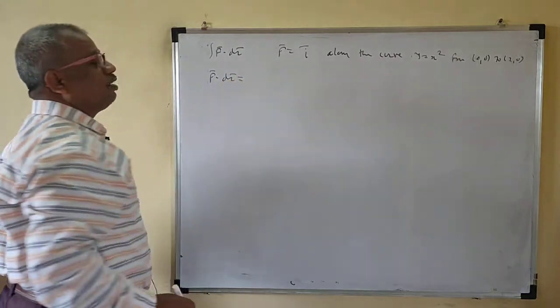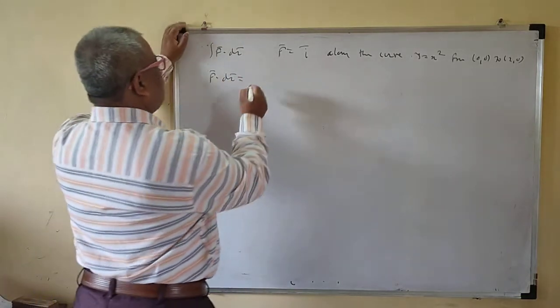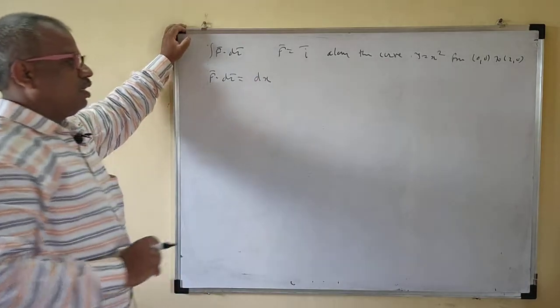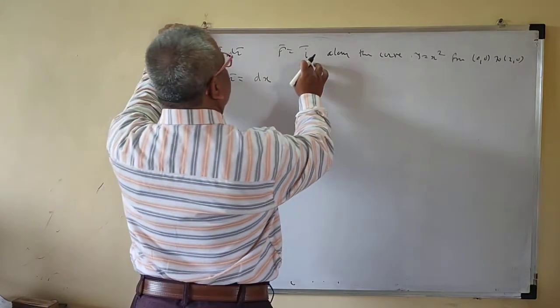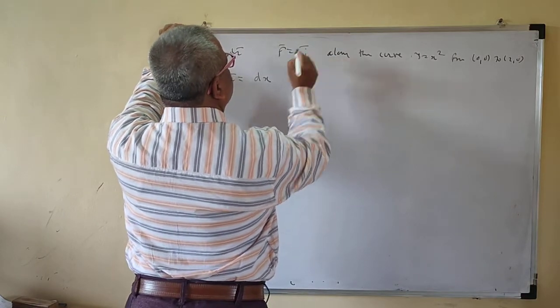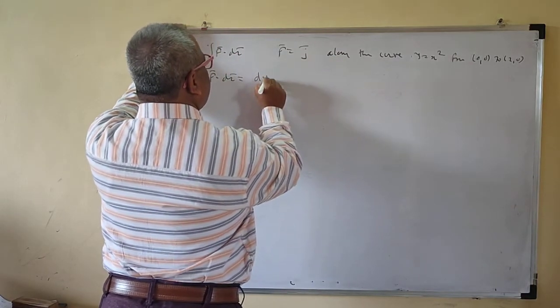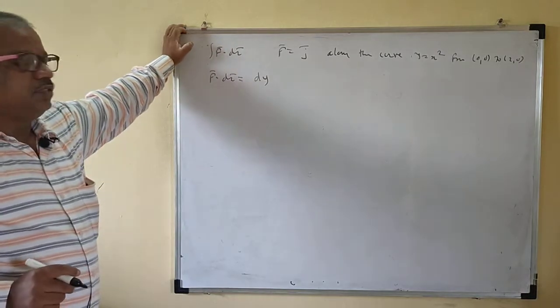First we will find f bar dot dr bar, it is dx. Okay, we'll take this as j bar, so this is dy only.